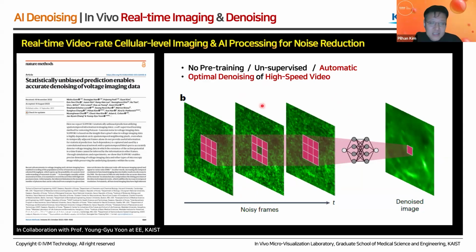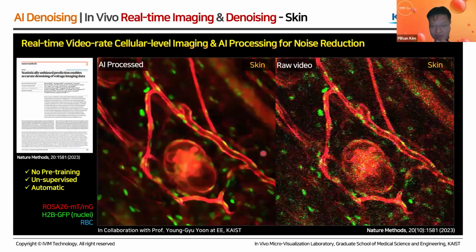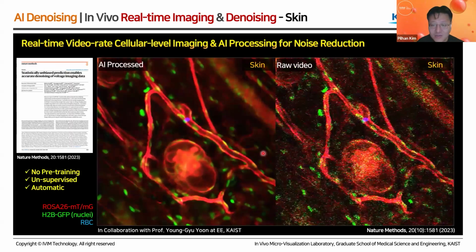Another good thing is that no pre-training is required and it's an unsupervised method. So in principle, we can implement this algorithm to be automatic. We use a blind spot algorithm to achieve the denoising. Anyway, let me jump into the real results.